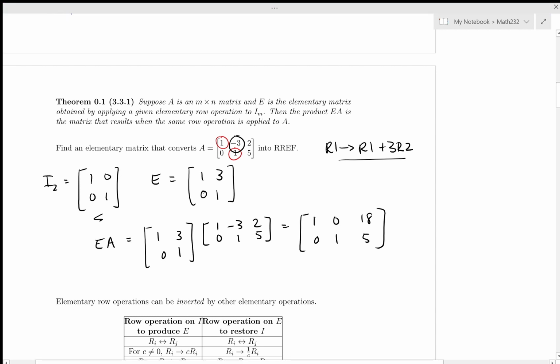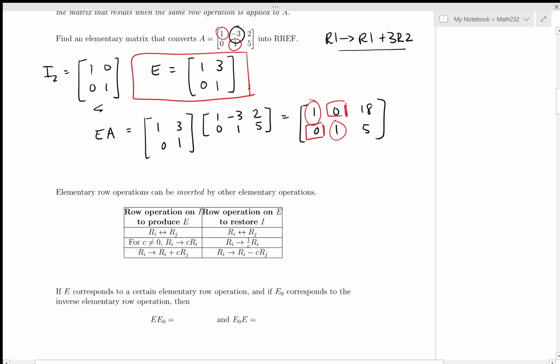We have leading variables there, and on the columns that have leading variables, we have zeros everywhere else. So I have now found the elementary matrix which converts A into reduced row echelon form. It is this matrix right here.